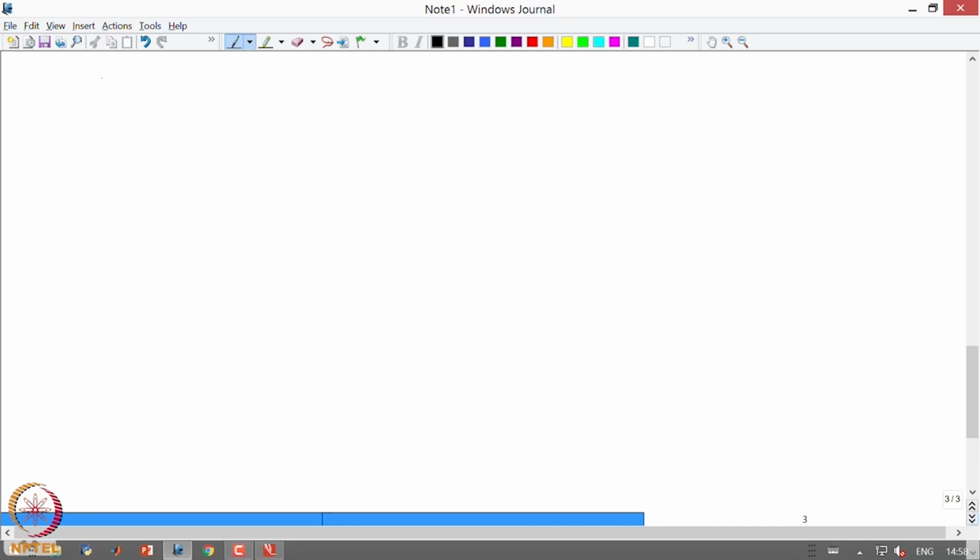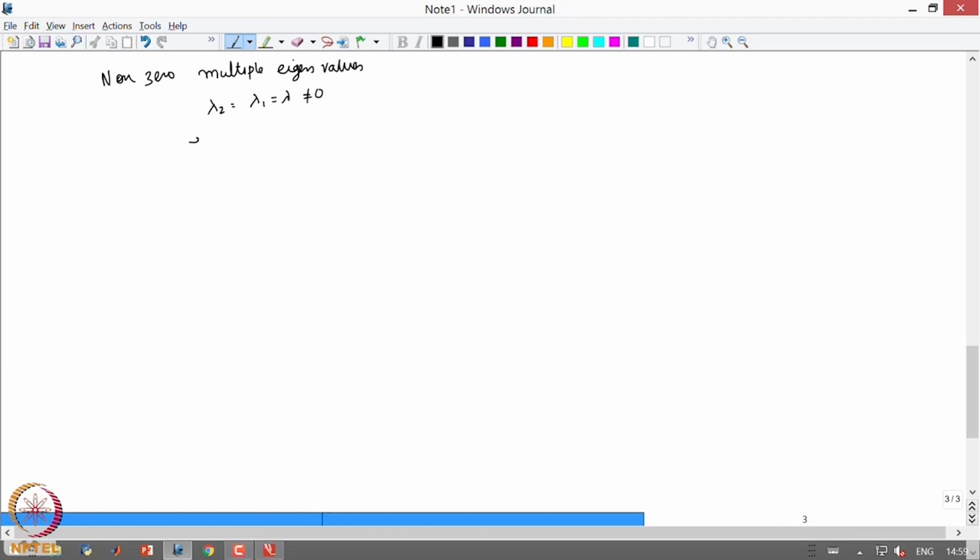Let's check this in a bit more detail. When we have non-zero multiple eigenvalues, this means essentially that lambda 1 and lambda 2 are equal to lambda, and this is not equal to 0. We will come to the case of the 0 eigenvalue a little later.